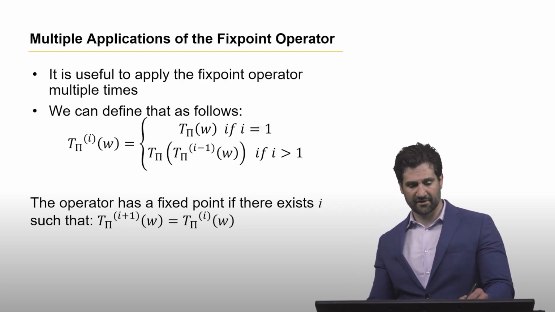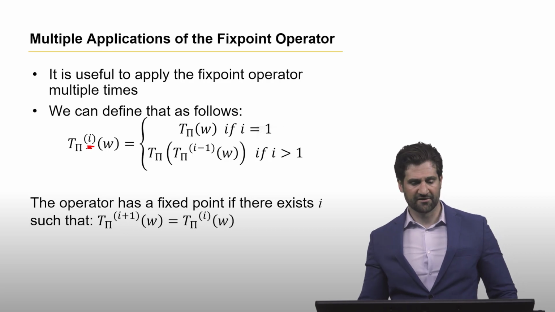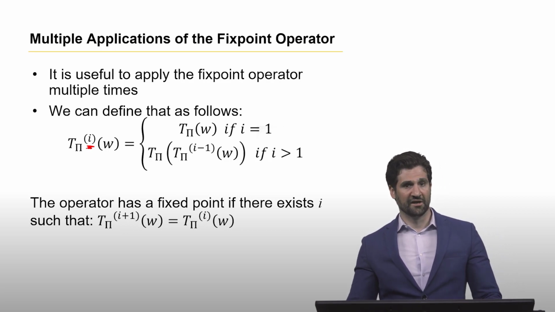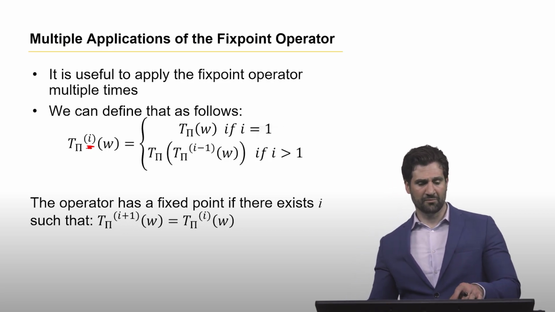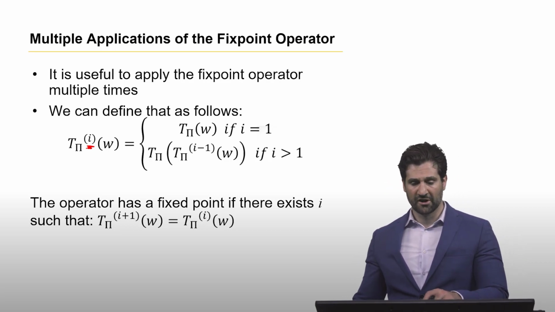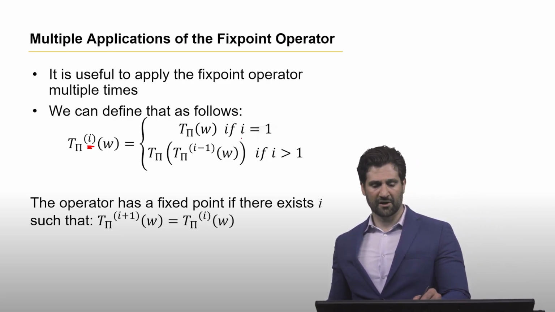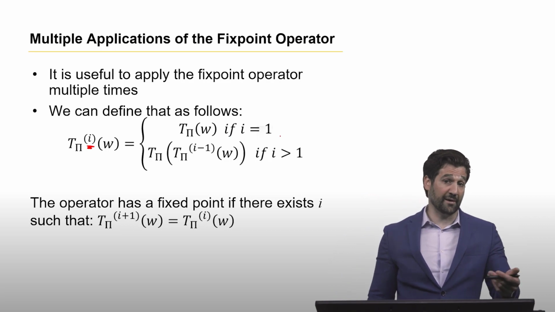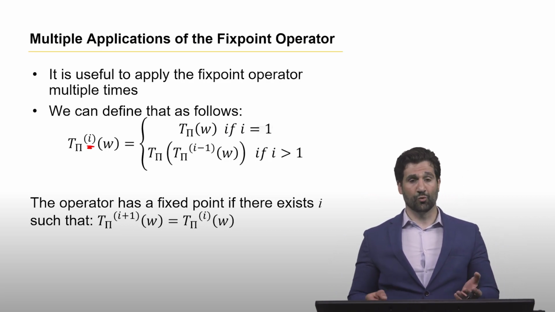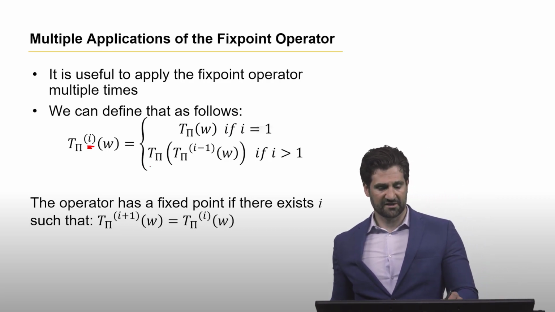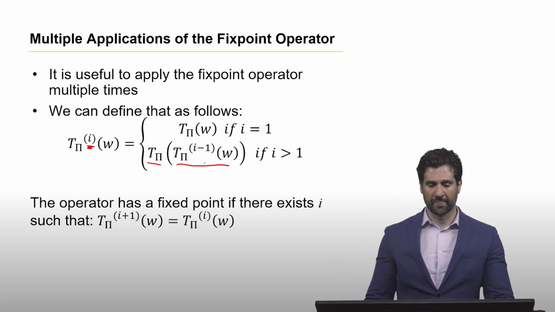So I is the number of times we want to apply the fixed point operator, and we say T pi I of w equals T pi of w if I equals 1. This is one application of it. If you're doing more than one application, it's T pi applied to the world from one less application.